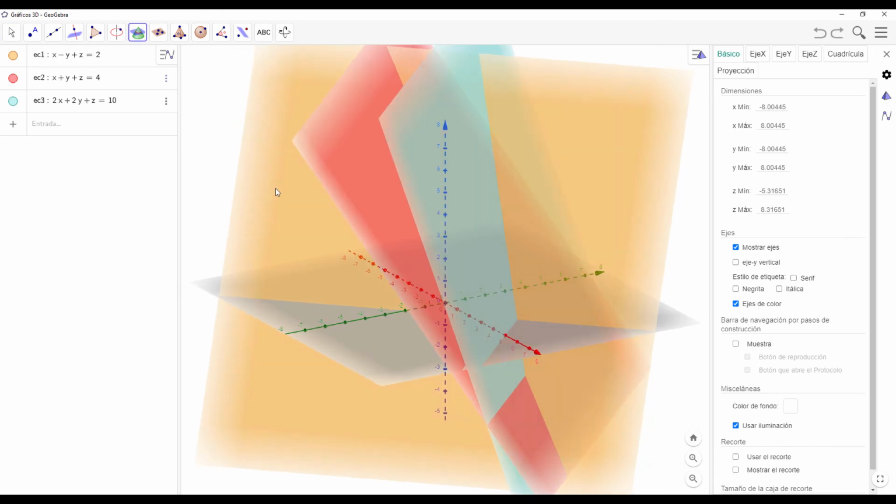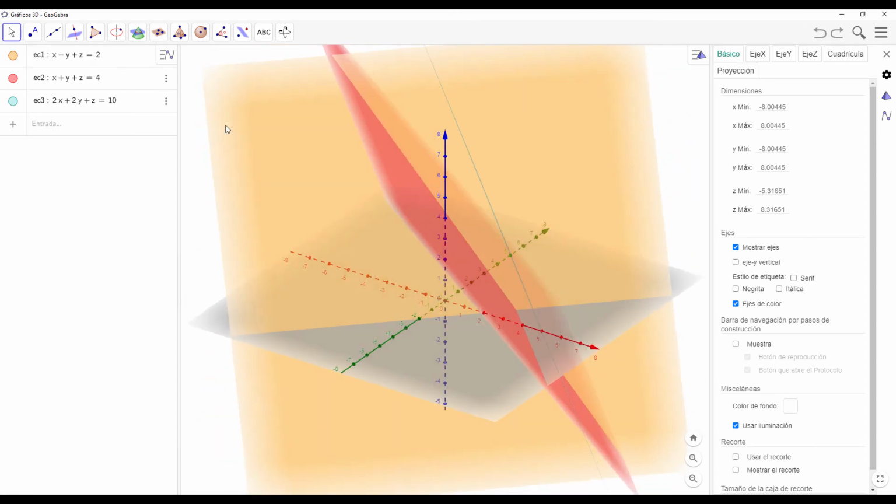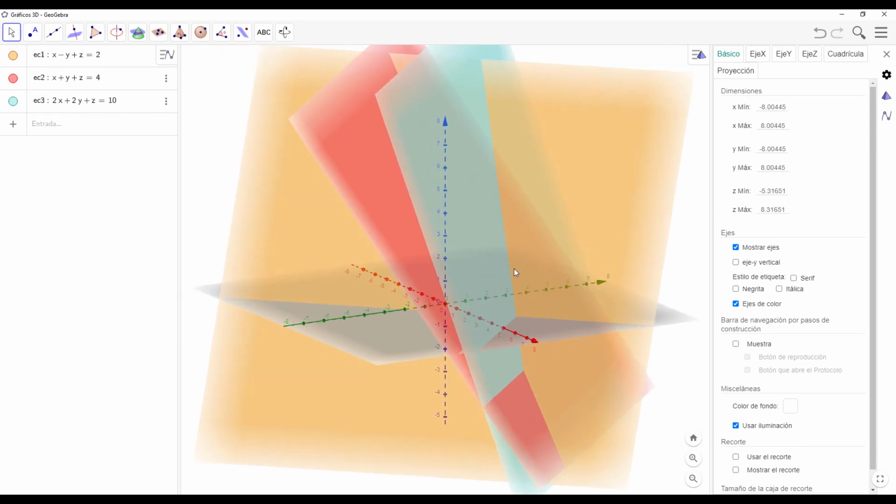Now you need to find the intersection. This is important because the logic to find that is the same logic as when you are solving by an algebraic method.